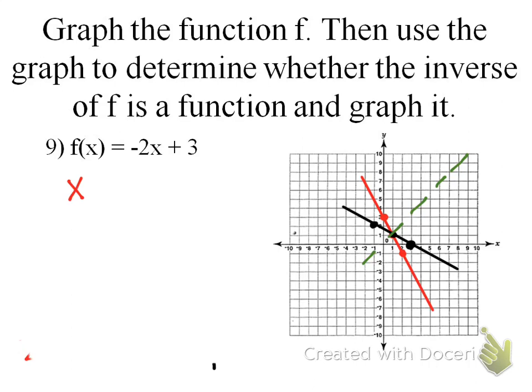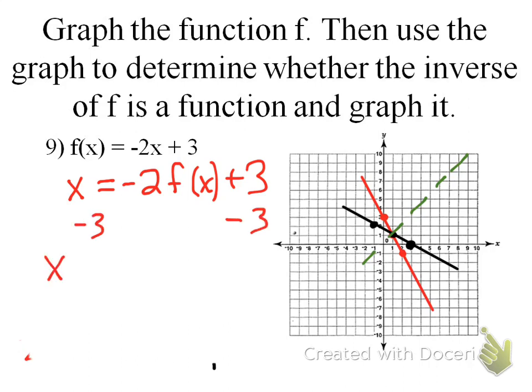You would change the f of x to an x and the x to your f of x. And then you just solve for f of x. So you subtract 3 from both sides, and then you divide both sides by -2.